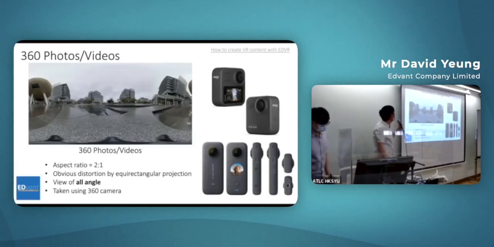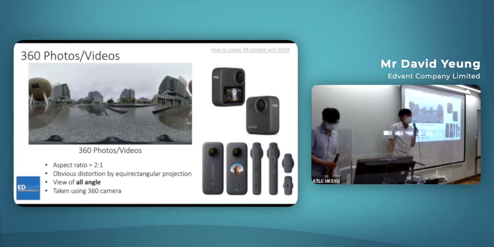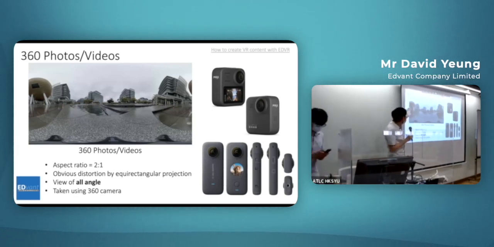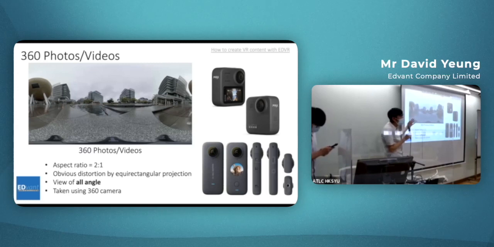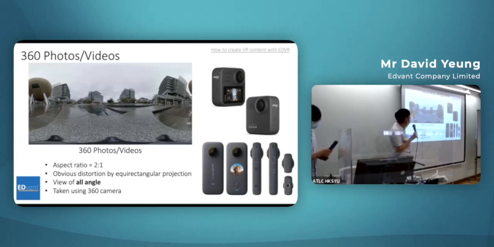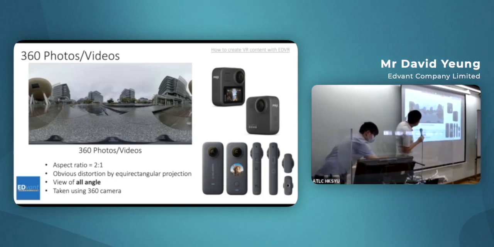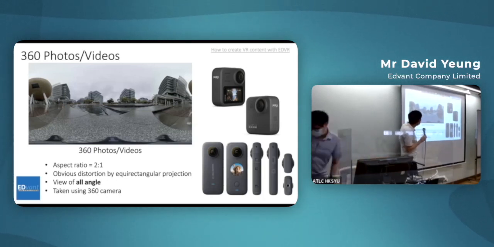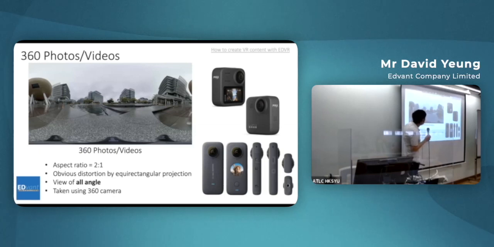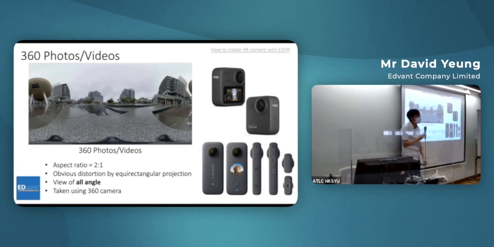So what exactly are 360 photos or videos like? This is an example. When we open the file like a JPEG, it is actually distorted. Usually they come in an aspect ratio of 2:1. And you can see obvious distortion, especially at the top and bottom, because it is transformed using the so-called equirectangular projection.